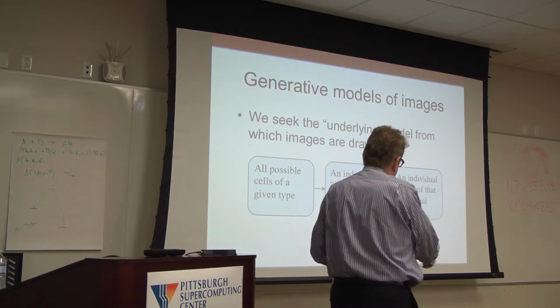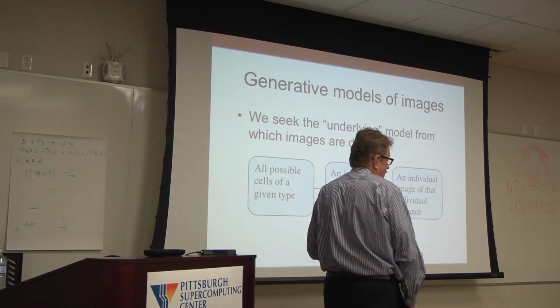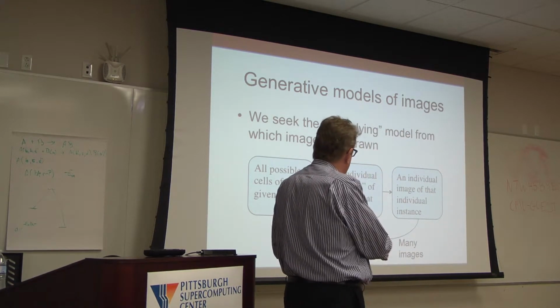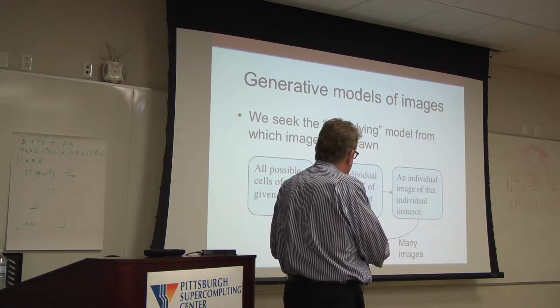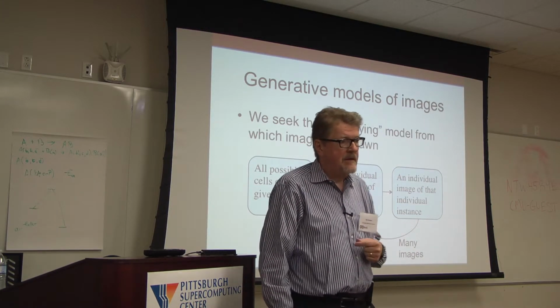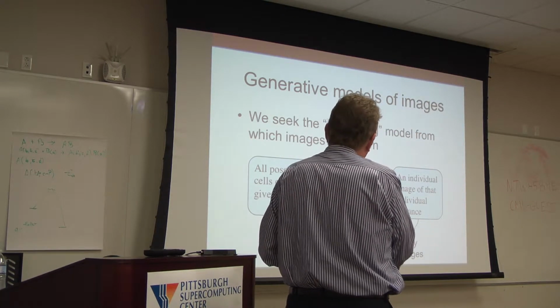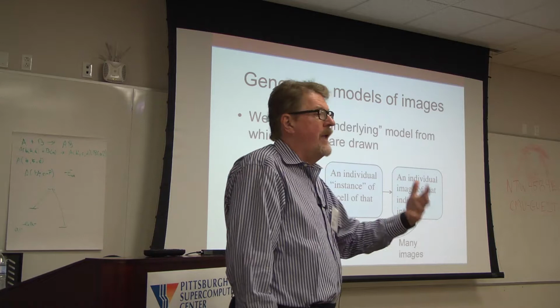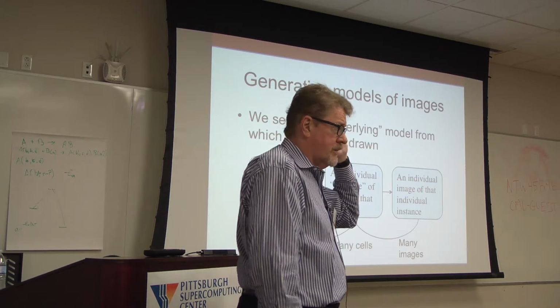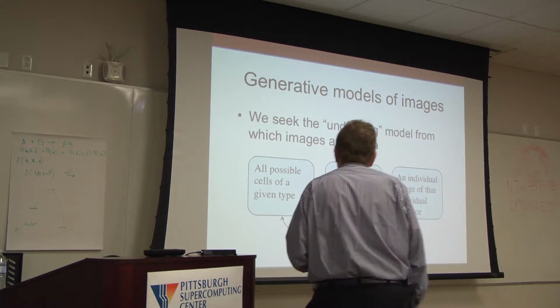We can take multiple images of that cell, and we can try to build a model of that particular cell. But we can also do that for many cells and build a model, learn that overall model of a particular cell type. So that's what we're going to talk about.